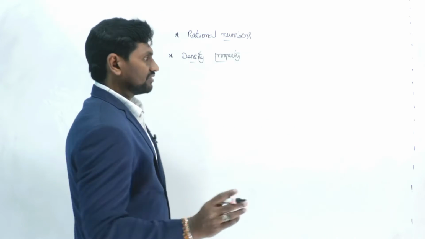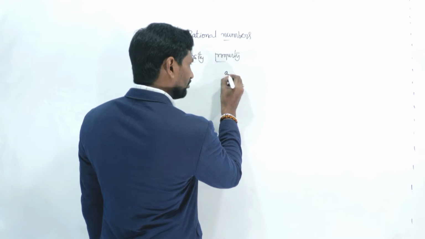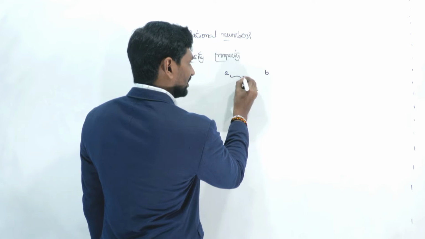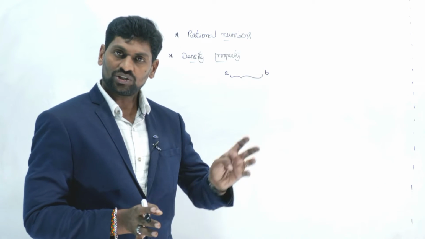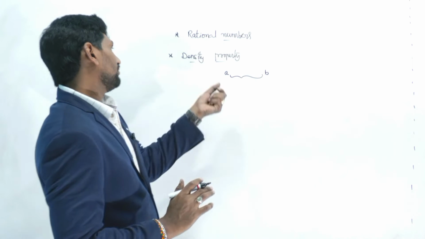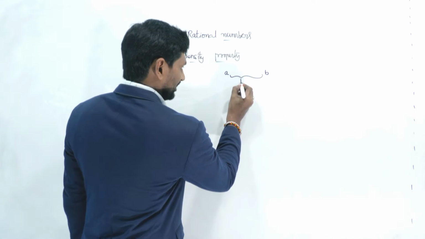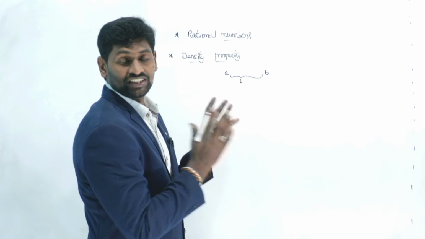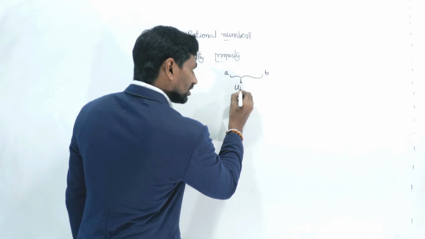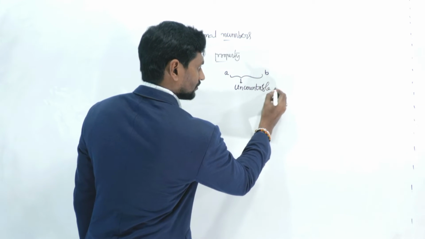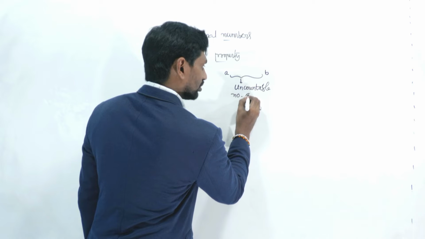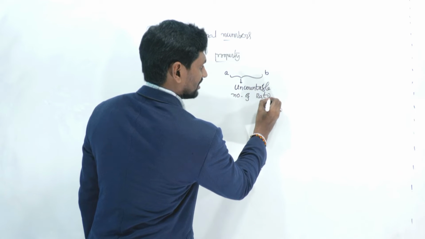Okay? That means if you take any two numbers A and B, any two rational numbers or any two integers or any two whole numbers, between them there are uncountable rational numbers we can insert.